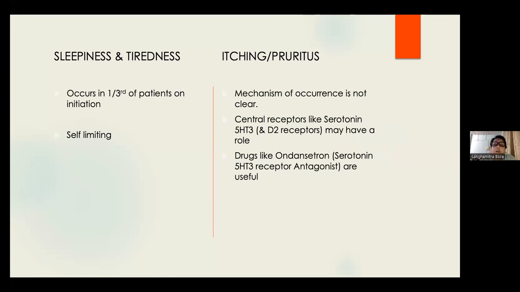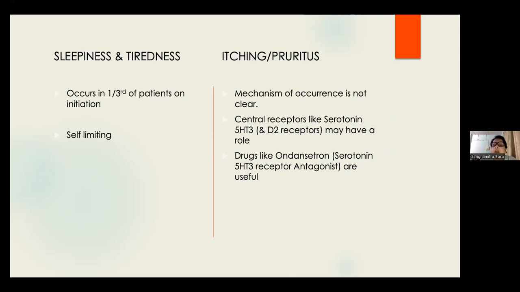Coming to another symptom, which is itching or pruritus. Generally, morphine-induced pruritus is seen when you give spinal or intrathecal morphine. But in oral morphine also, there are instances where the patient might complain of certain itching.